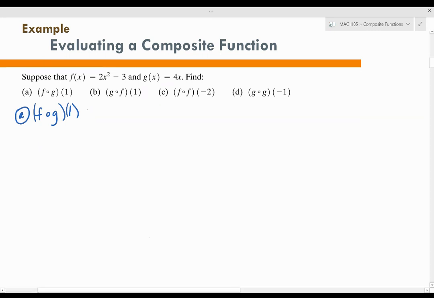Me personally, I like the long-handed version, which would be f of g of 1 of x, because I like to see which is the inside function, the function that's going to be inside of the other. But both notations are perfectly correct. If you like the left-hand side, you can use that. If you like the right-hand side like me, you can use that as well. They mean the same thing.